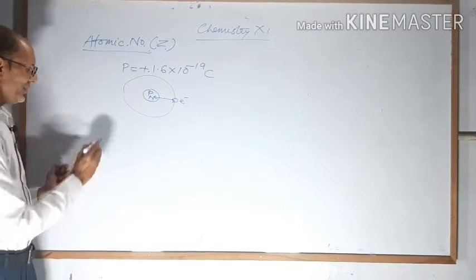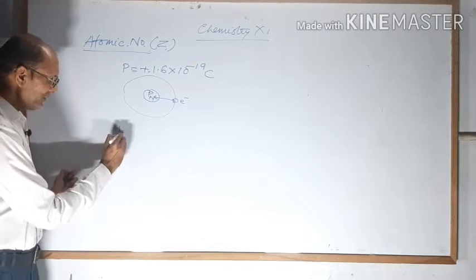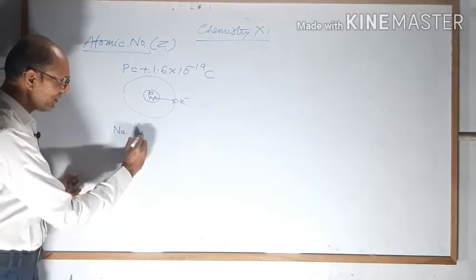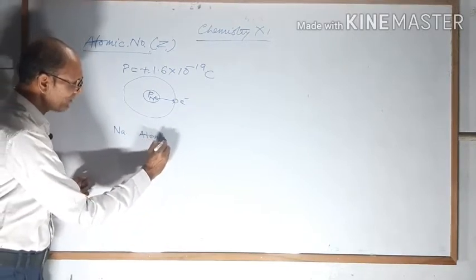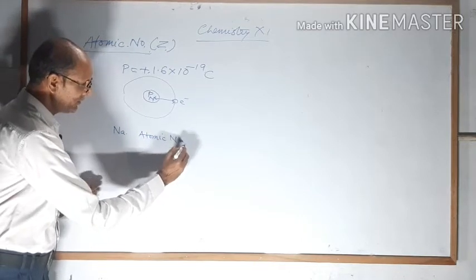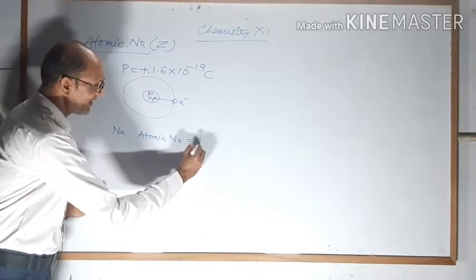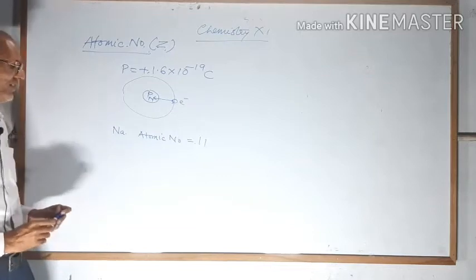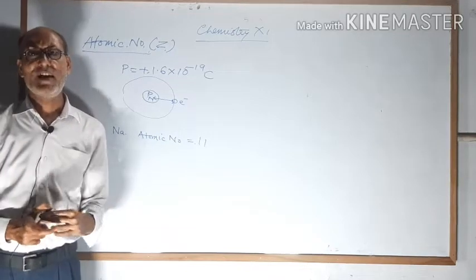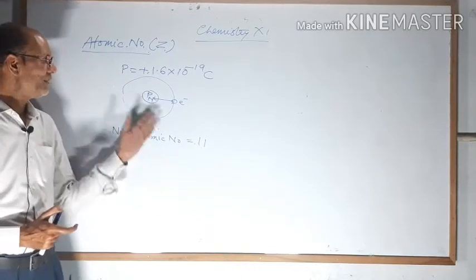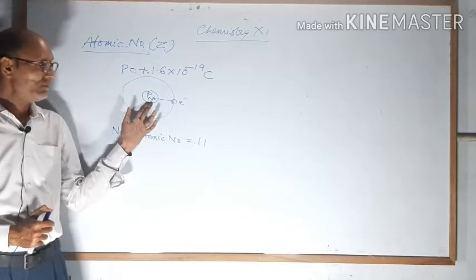Suppose for Na the atomic number is equal to 11. This means the atom contains 11 protons at the nucleus, at the center of the atom.